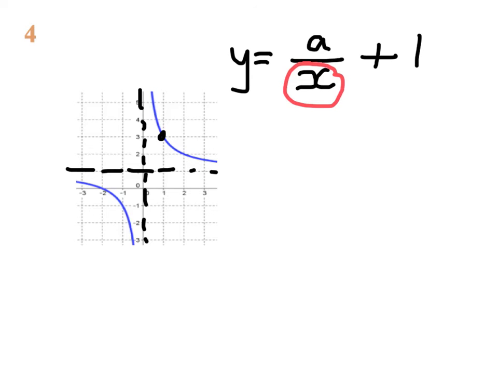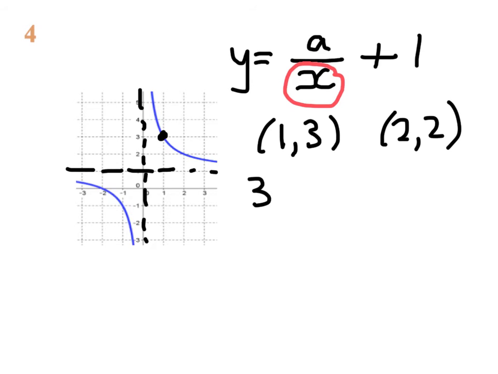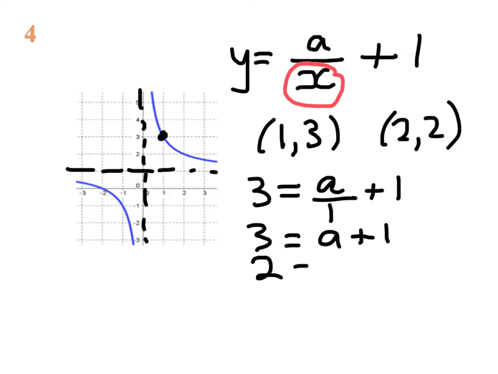So let's look at our points. We've got a 3 there, so 1 and 3 is on the curve, and 2 and 2 is on the curve. We can substitute these in, and we'll get 3 is equal to a over 1 plus 1. So 3 is equal to a plus 1, 2 is equal to a.